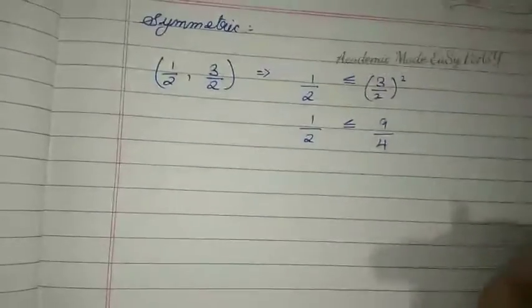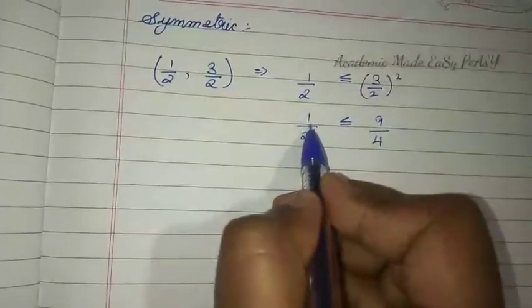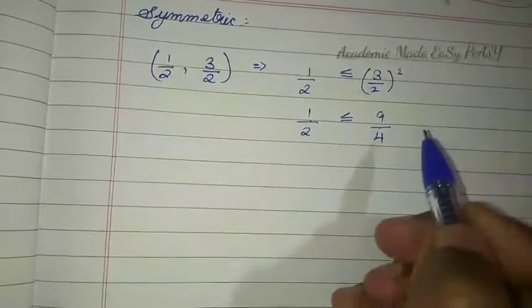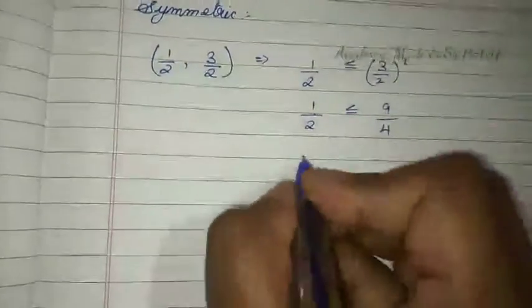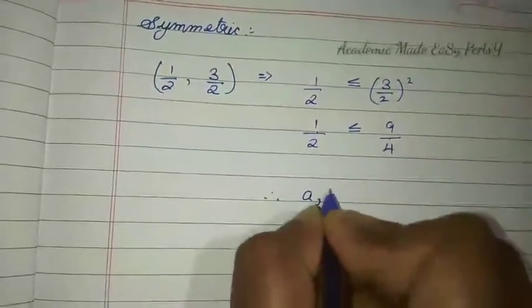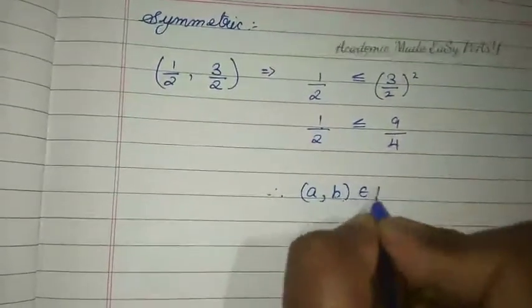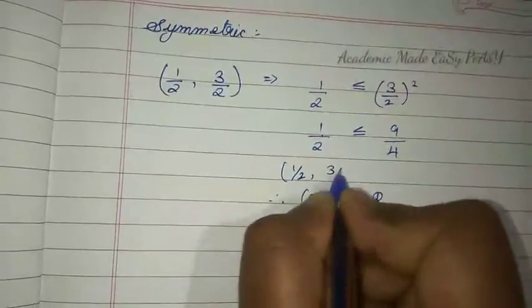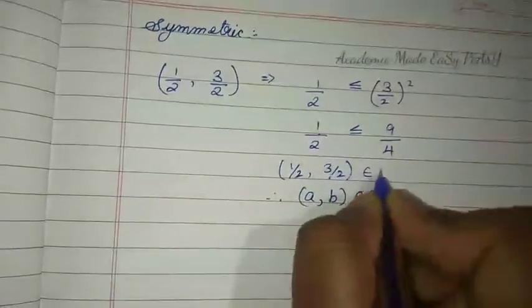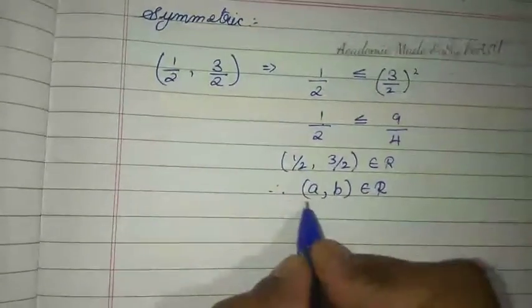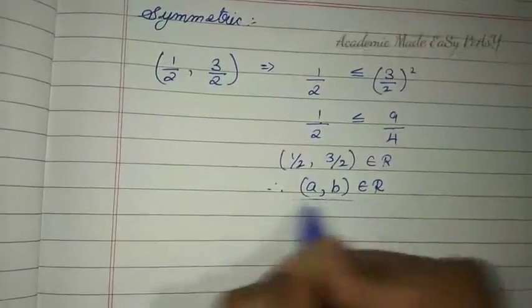This satisfies the given condition because this is 0.5 and this will be 2.25. So this condition is getting satisfied. Therefore (A, B) belongs to R. And also you can write (1 by 2, 3 by 2) belongs to R. Therefore (A, B) belongs to R. So this should be a major part over here.